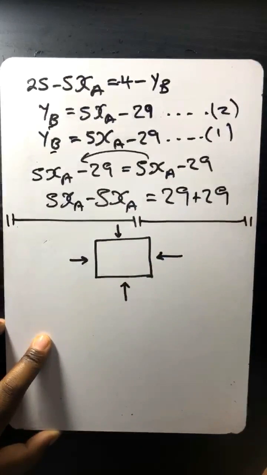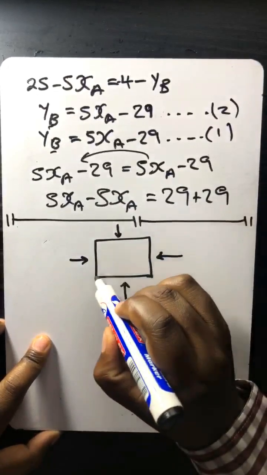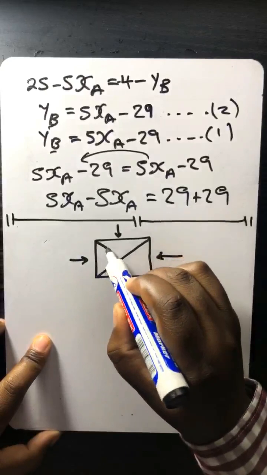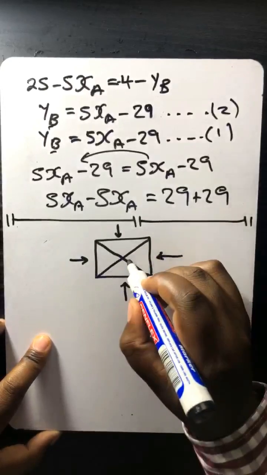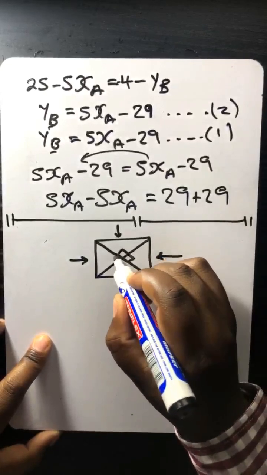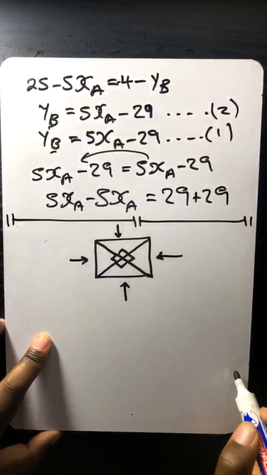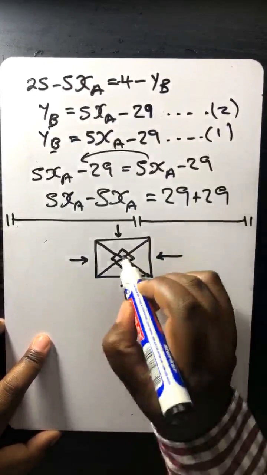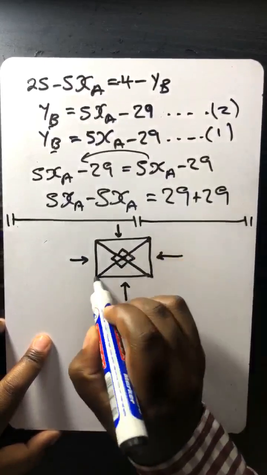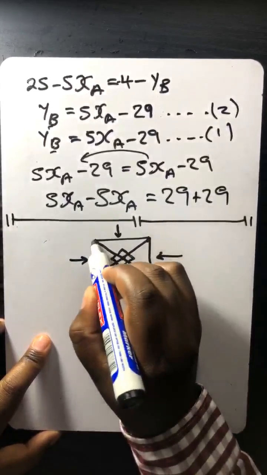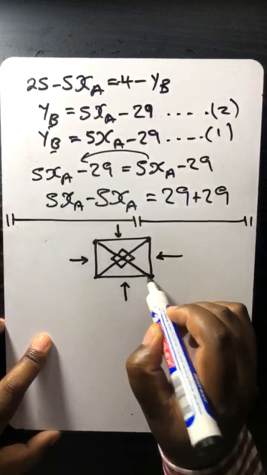All the sides of a square are equal, and also the diagonal lines, they intersect and they form an angle of 90 degrees there. Can you see? So already it means from here to there is equal to from there to there, and from there to there is equal to from there to there.